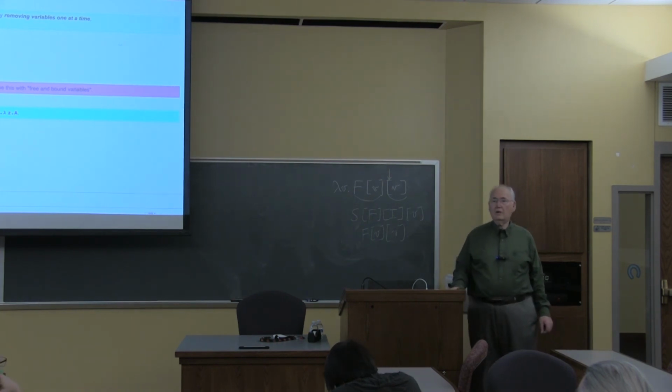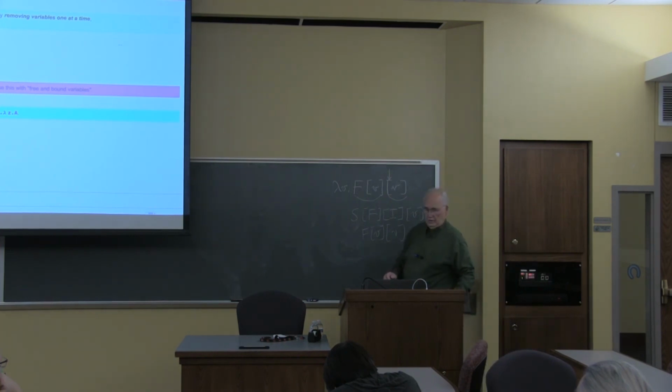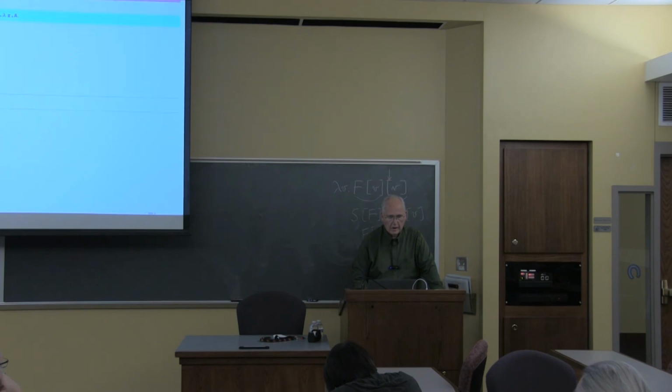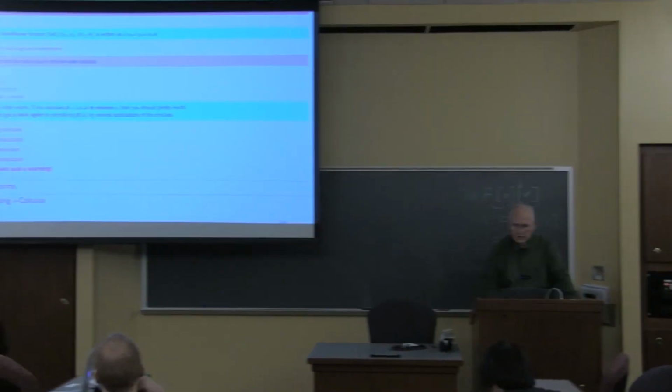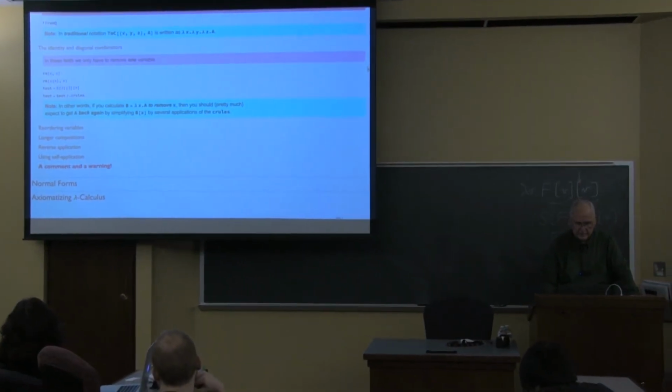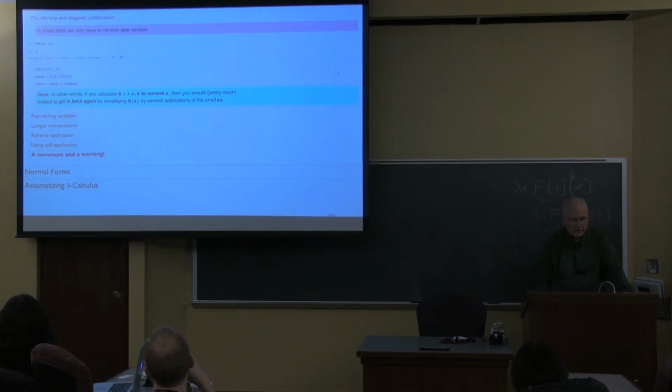Starting to get closer. Okay. So, I have a number of combinations here that we can try out. Of course, it's trivial, as I was just saying, if you remove the variable x from the single variable x itself, you just have the identity combinator.